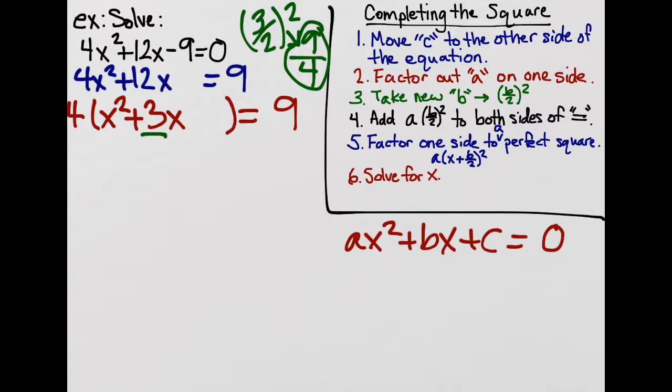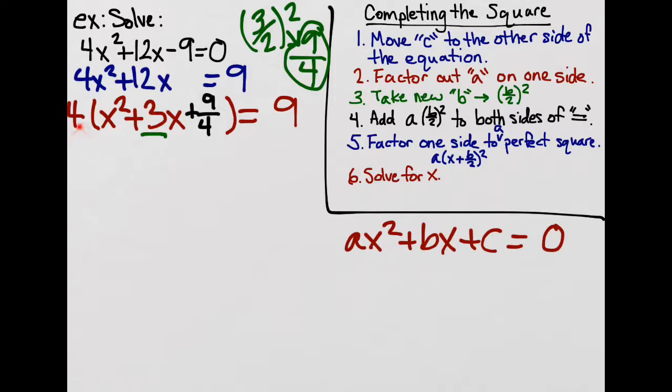In step 4, we're going to add that to both sides. So I'm going to add it inside the parentheses here, and I'm going to add it to the other side of the equation as well. However, you want to be very careful on this step. I am not just adding 9/4 to the other side. Nope. Because if you look at our equation, we really added 9/4 times 4.